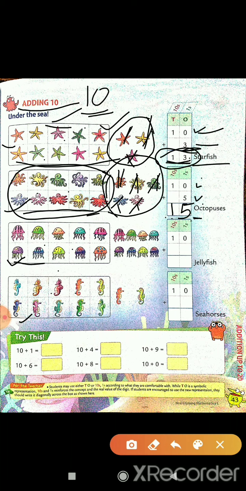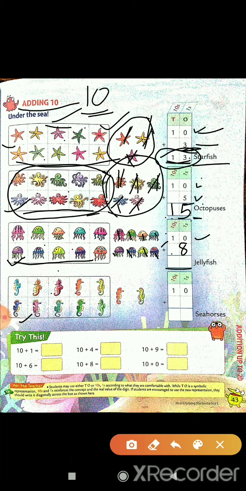Next, 10 jellyfish. Already written. Now, how many jellyfish are outside the box? So 1, 2, 3, 4, 5, 6, 7, 8. How many jellyfish? 8. So you will write here 8. Now 10 plus 8 is equals to dash.